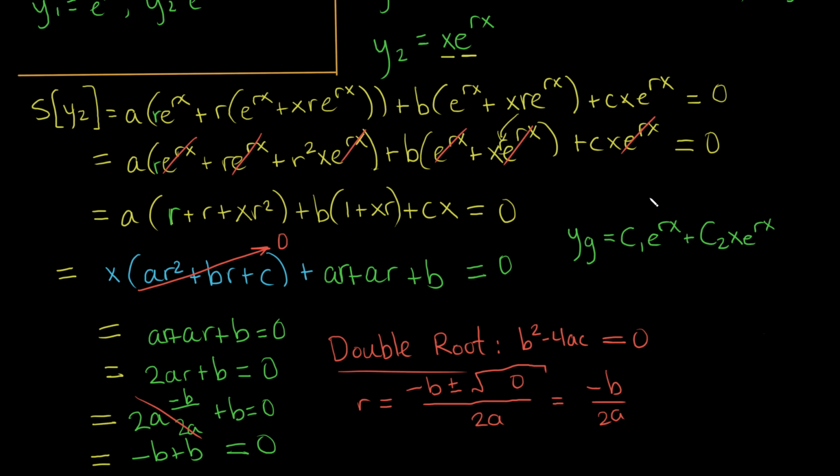This is only valid in the case that you're working with a double root, but it's still kind of cool, and you can indeed show x e to the rx and e to the rx are linearly independent, so this is a totally valid solution to the differential equation.